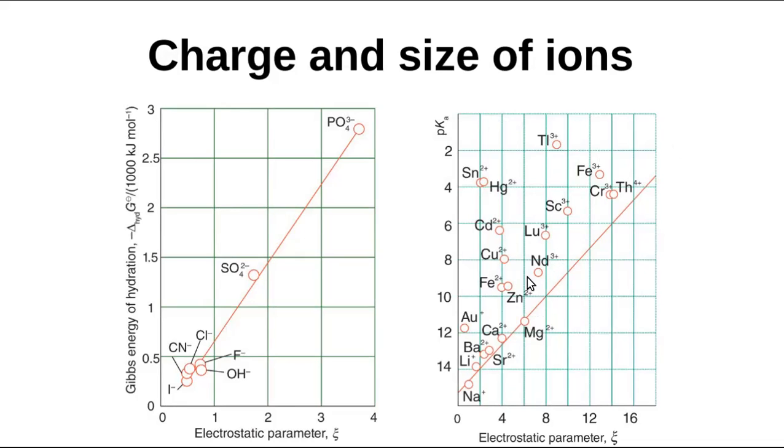This is also a reason why copper is kind of an acidic ion, and mercury and tin. Mercury is in the transition metals.